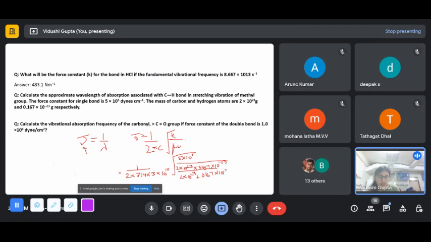Like you substituted each value in this equation. Just solve it. It's 1 divided by 2 into 3.14 into 3 into 10 raised to 10, then under root 5 into 10 raised to 5 divided by mu. So what will be the value?